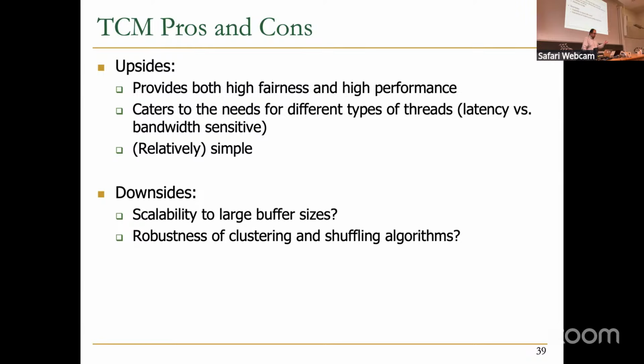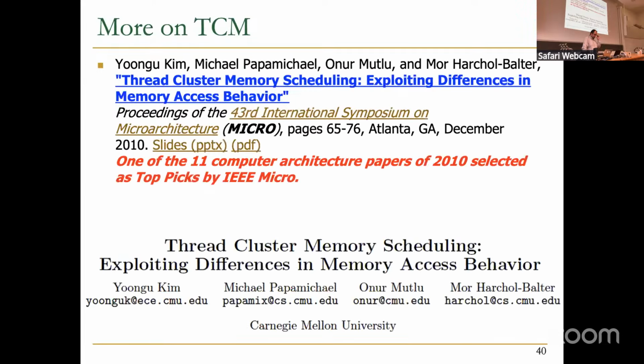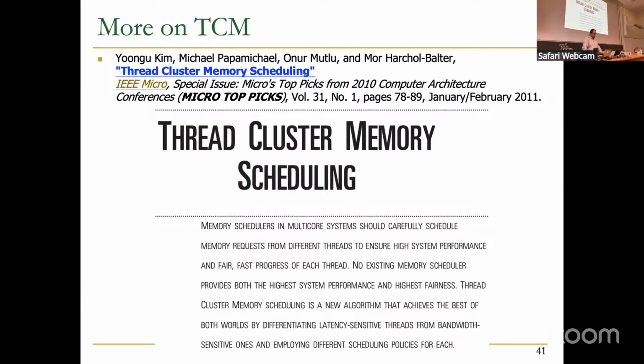Then the robustness of the technique is actually not good. And the ranking is still too complex, which we're going to see in some future work, how we can reduce the complexity of the ranking. If you're interested, you can check the paper for more detail. This paper was also selected as a Micro Top Pick. It's a shorter version of the paper.